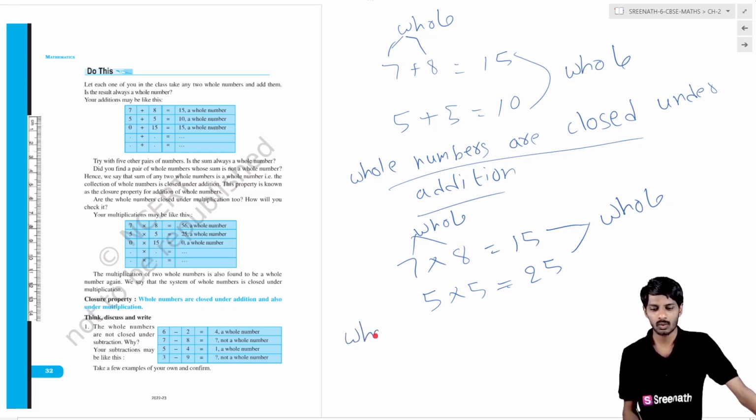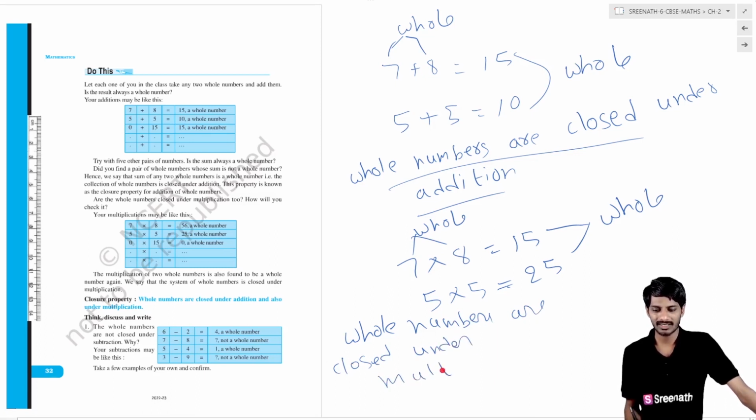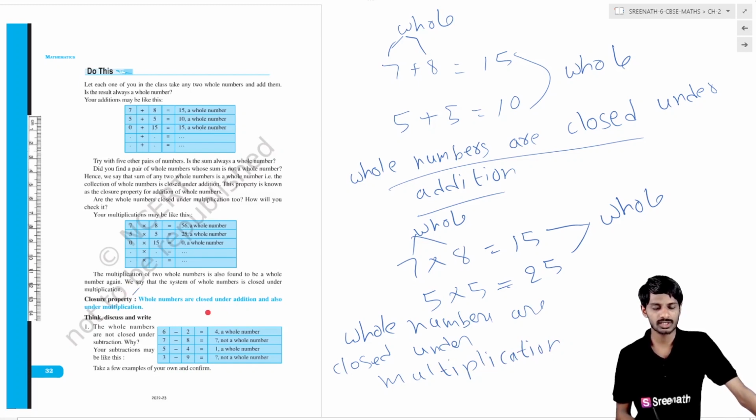So we say that whole numbers are closed under multiplication also. Finally, what is the closure property? The conclusion is, whole numbers are closed under addition and also under multiplication, which means they satisfy the closure property.